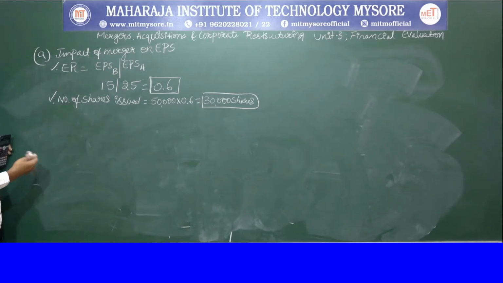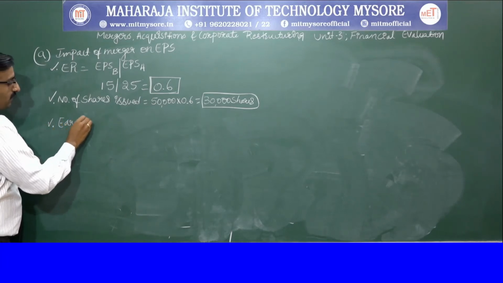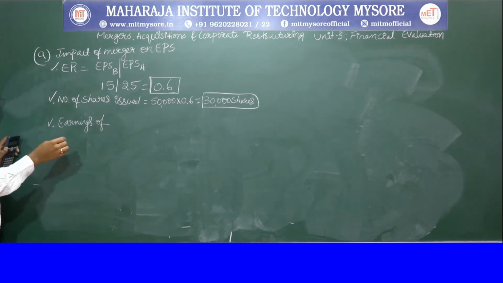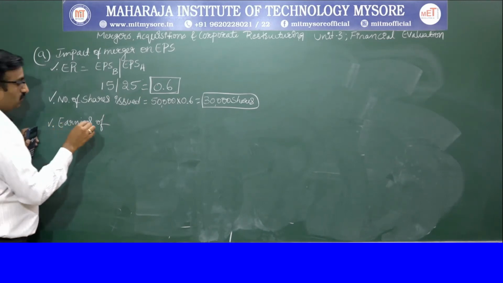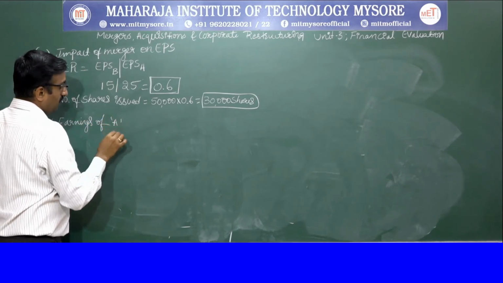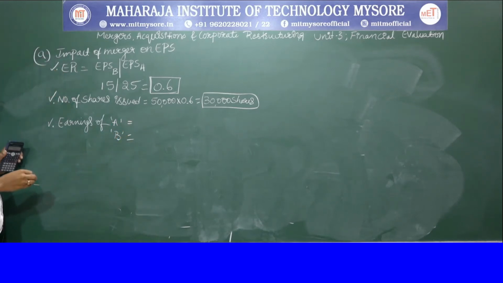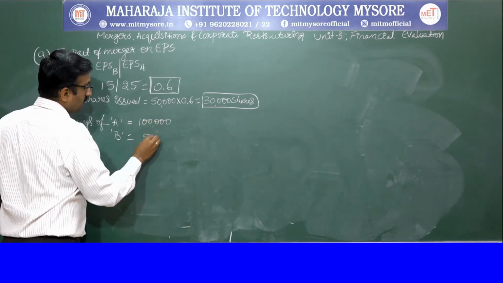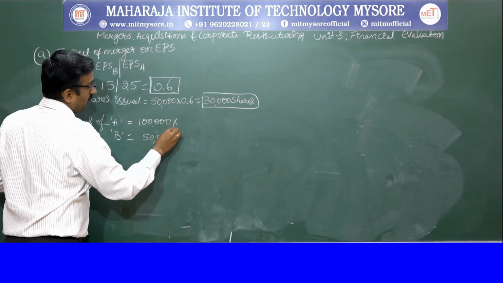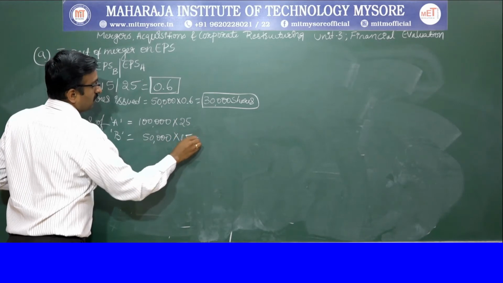If you want to find out whether there is a change in EPS of both the companies or not, you are supposed to calculate the earnings of both firms first, firm A and firm B. First let us calculate individually. So earnings of A Limited and earnings of B Limited. A Limited number of shares is 1 lakh and B is 50,000, into EPS, it is 25 and 15.